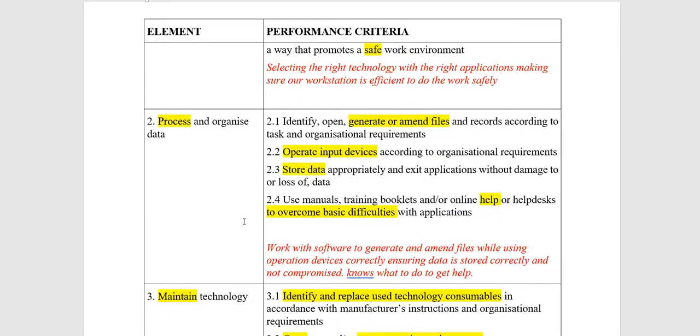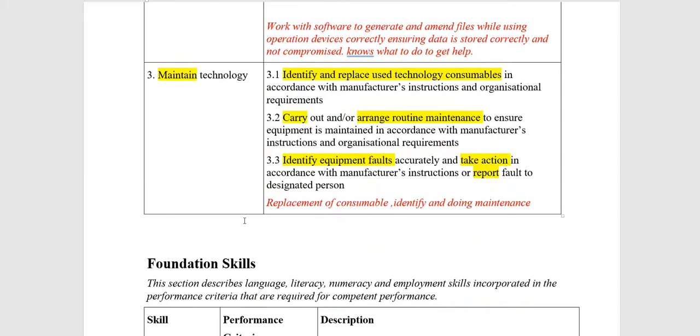We did that for all three performance criteria and the elements that relate to this unit of competency. So now we're going to take it through to the next area of the unit of competency to see what else we can tease out that helps us determine the best assessment tools for this particular unit.